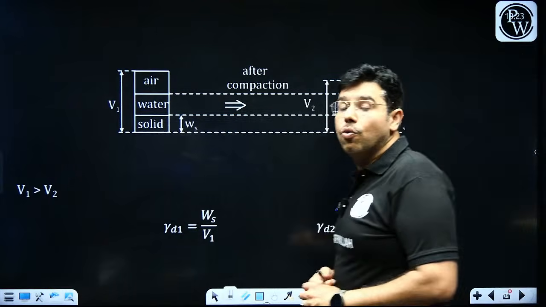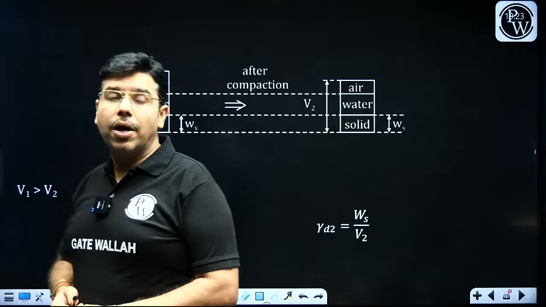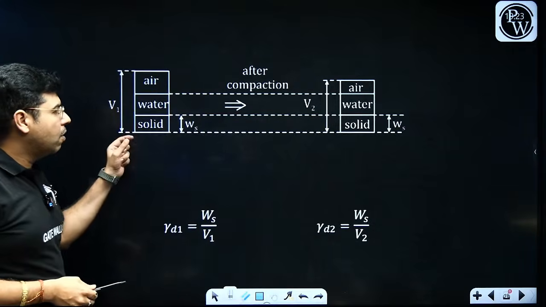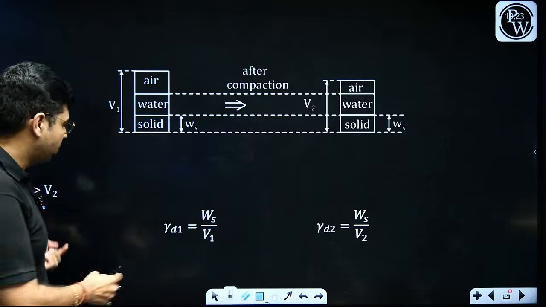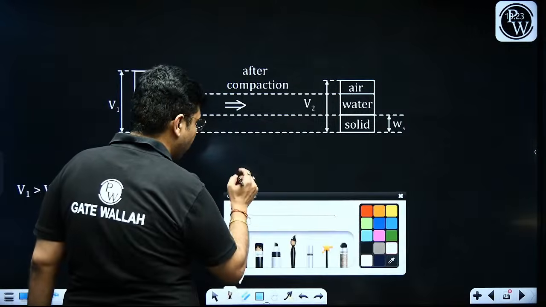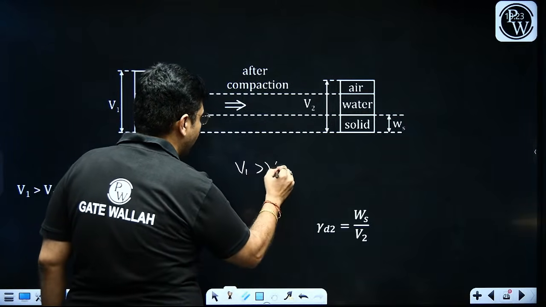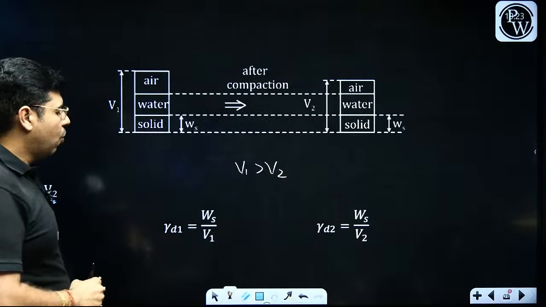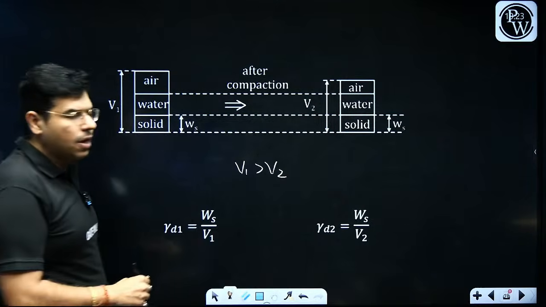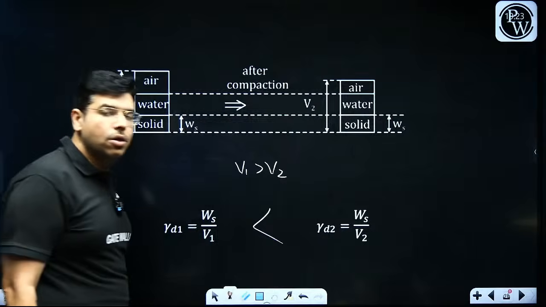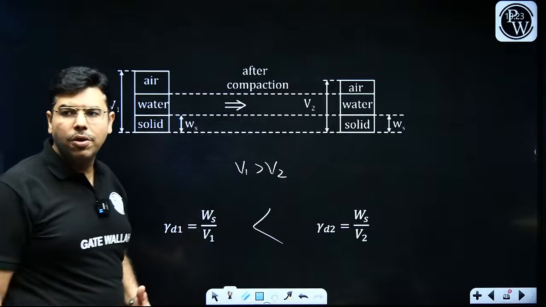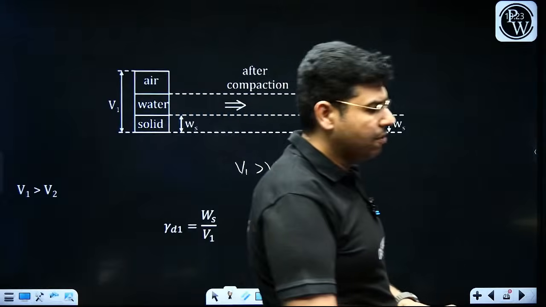So what happened to gamma D? Gamma D1 is weight of solids by V1. V1 is greater than V2, obviously. So your gamma D1 will always be less than gamma D2 after compaction. So more is the gamma D, means more is the densification of the soil.